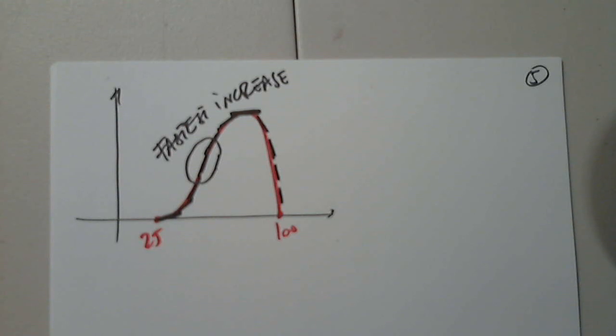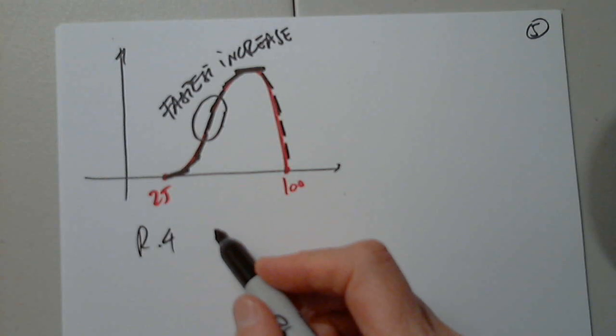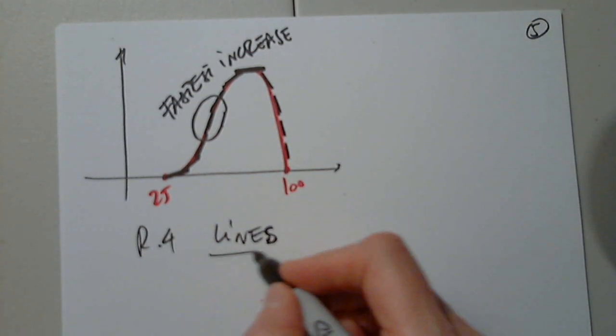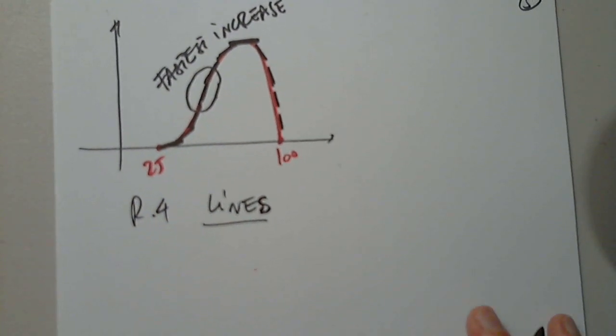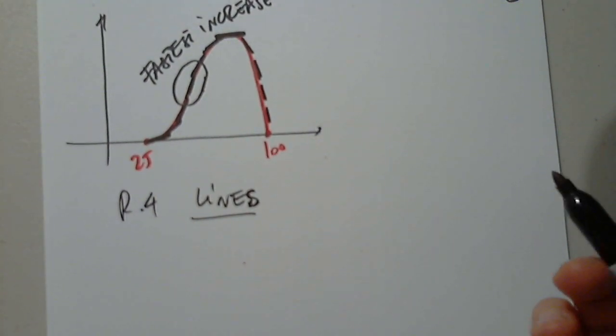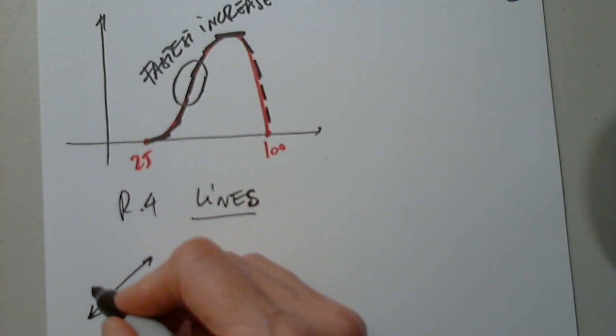Now, slope and linear functions, let's quickly review this. So that's R.4, lines. Okay, so we already graphed and reviewed with x and y intercepts. So we have lines that have a positive slope.